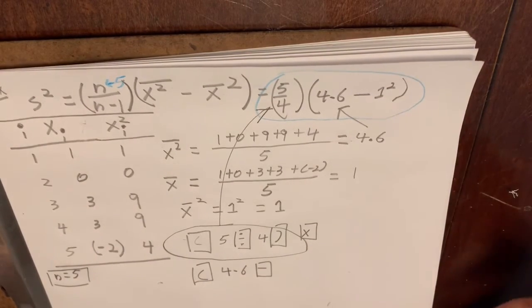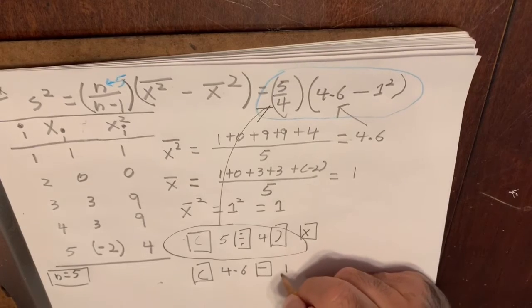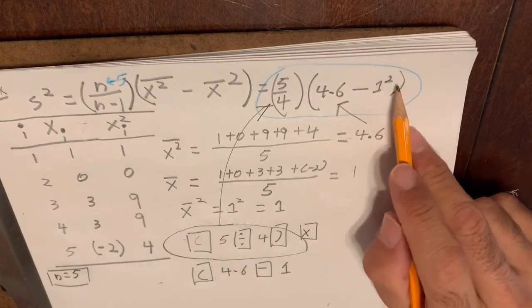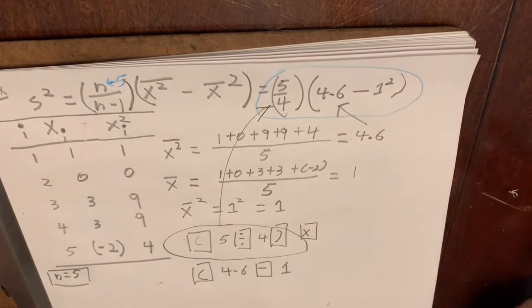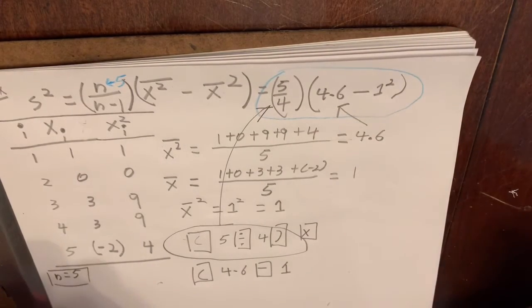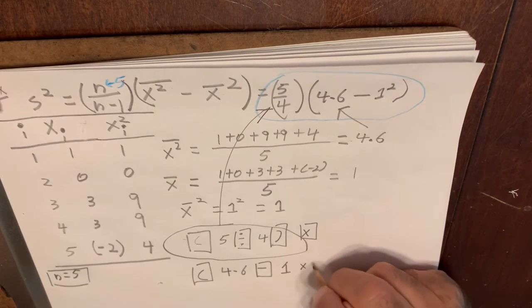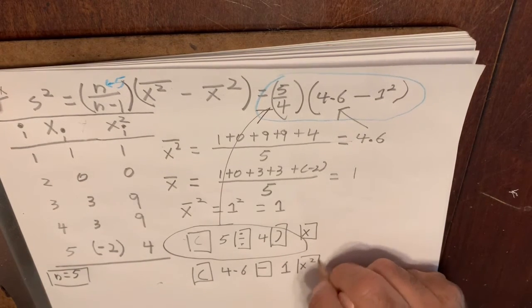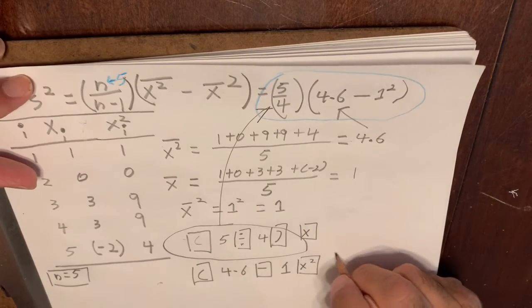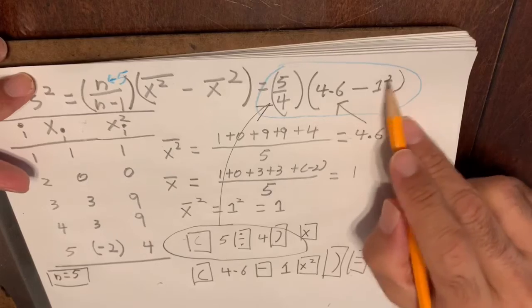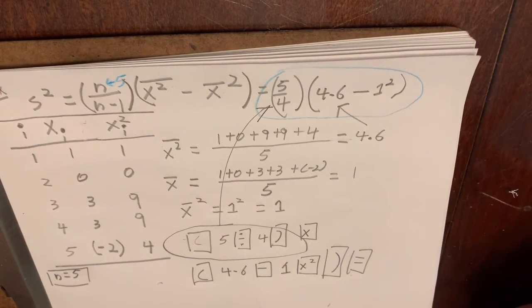Now, I know 1 squared is 1, but you might have a different number here. So I want to show you which buttons to press because that's just the kind of teacher that I am. So I'm going to hit the x squared button anyway. And then I'm going to hit the close parenthesis button and then the equals button. Because if you had another number there, you would have to square it anyway.